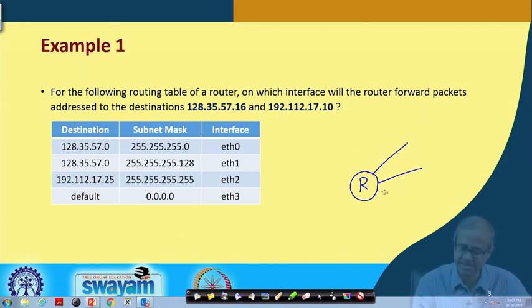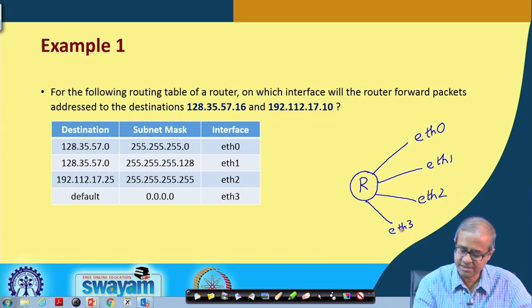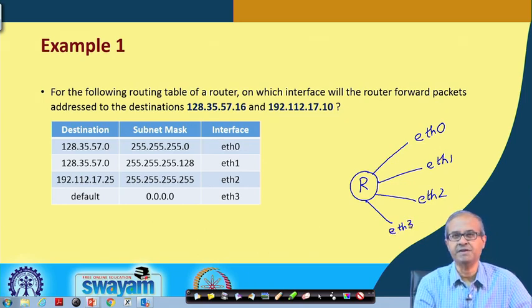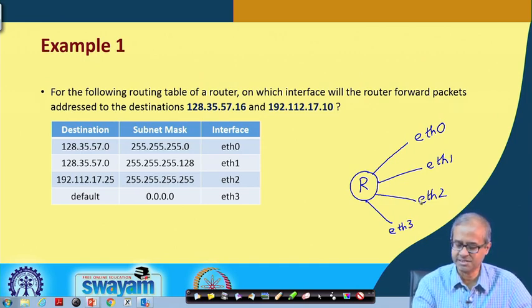There are 4 links to the router, and these interface names we are giving as ETH0, ETH1, ETH2, ETH3. Now, ETH is the short form for Ethernet, because typically inside a LAN these interfaces are Ethernet networks. So, that is why we are giving these names ETH0 to 3.